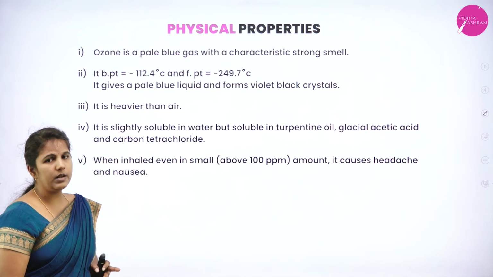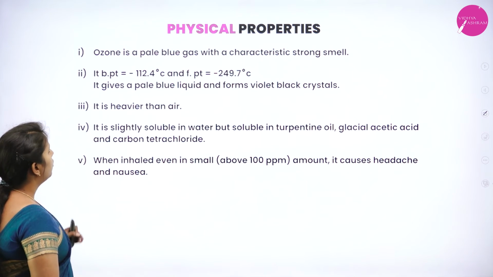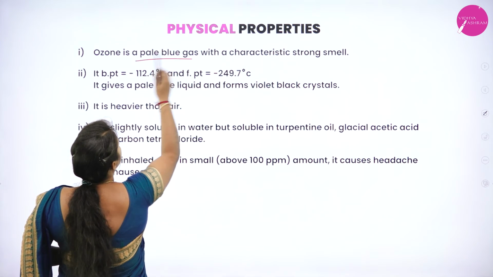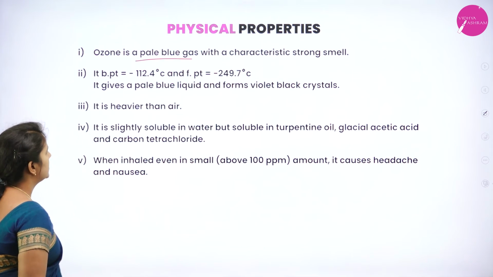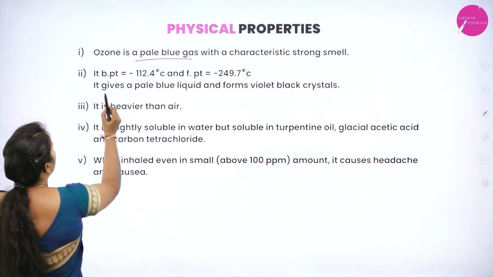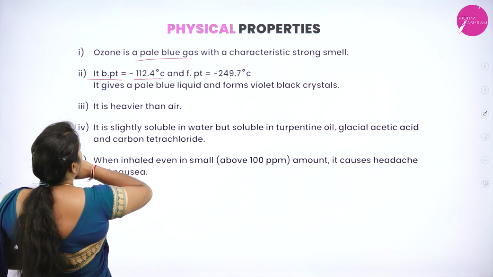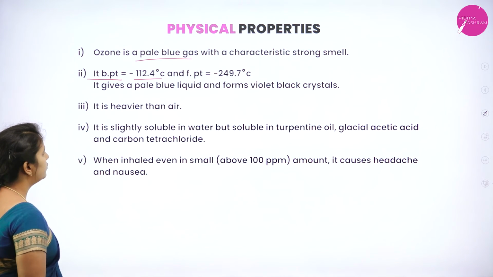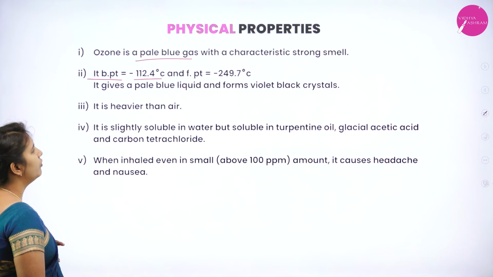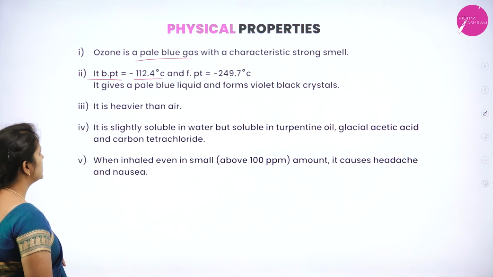Coming into the physical properties of ozone, ozone is a pale blue gas with a characteristic strong smell. It has a boiling point of minus 112.4 degrees and a freezing point of minus 249.7 degrees.